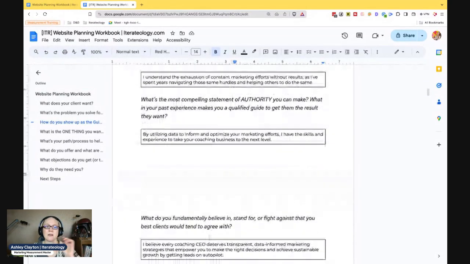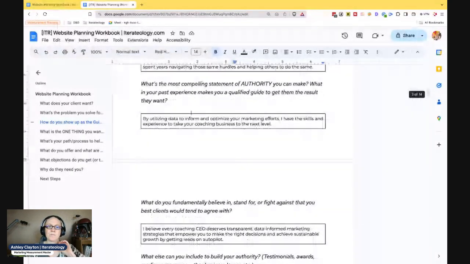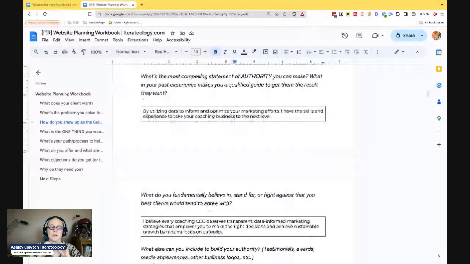understanding statement, and then with the authority statement, you are demonstrating that you can be understanding but not have authority to solve somebody's problem.